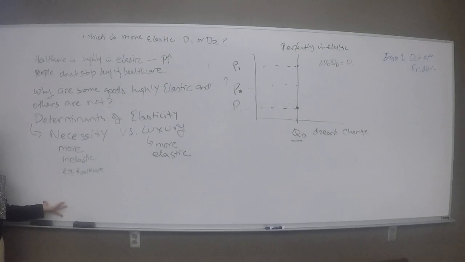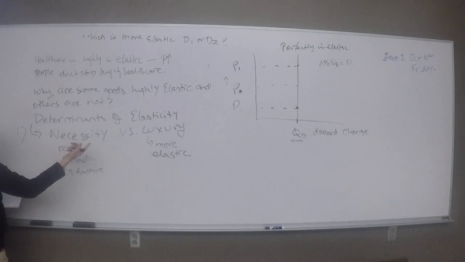You will be inelastic, or not responsive to the change in price. So that's what determines the responsiveness, whether it's a necessity product or a luxury product. So number one, necessity versus luxury.